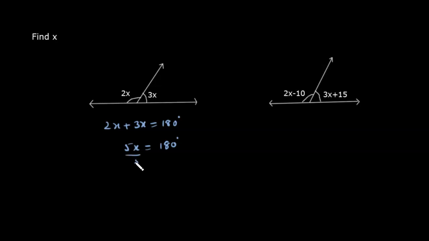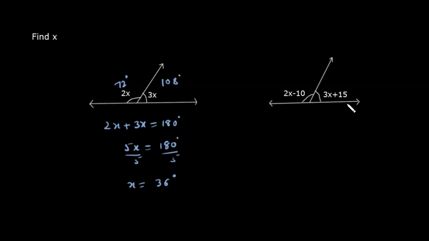We can divide both the sides by 5. So x is 36 degrees. So here the answer is 36 degrees. And if we want to find these angles, then this is 72 degrees and this is 108 degrees. And we can observe that their sum is 180 degrees.